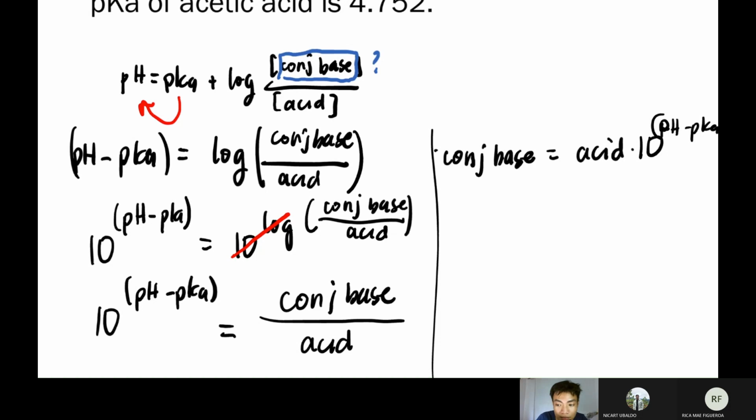Ang pinaka-best basic example dyan would be this one. Suppose x yung ating original function. Tapos, ano yung inverse ng x? 1 over x. Pag pinag-multiply mo yung dalawa, magka-cancel out sila.